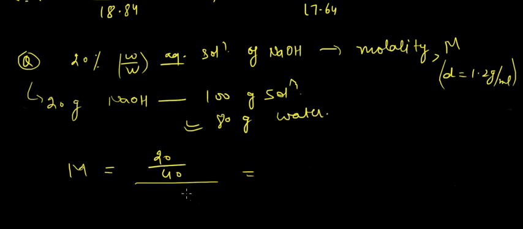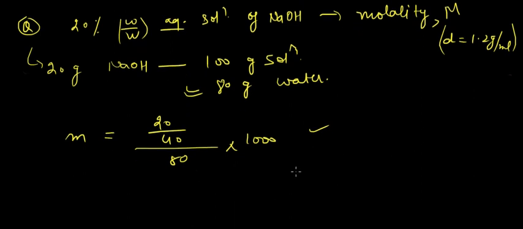We have not yet calculated the volume of solution. For calculating molality, it can actually be calculated from the weight of water. Molality was molality only, not molarity. So from here we can calculate the molality. Now the part remaining is molarity.